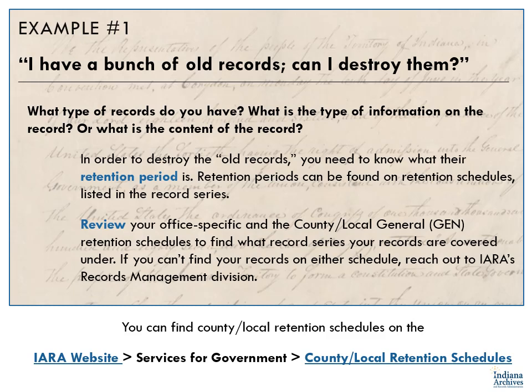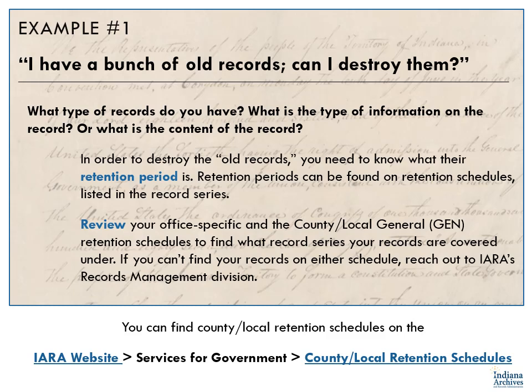Retention periods can be found on retention schedules listed in the record series. So in order to determine the retention period, you need to know the type of information and the content of your record, which will help you find that record series and retention period.